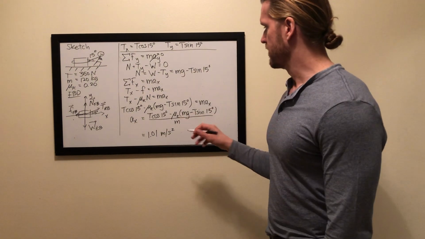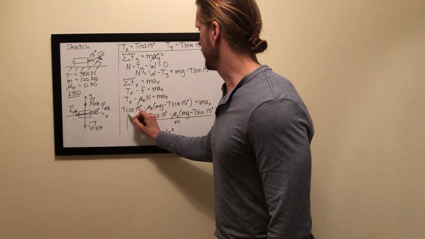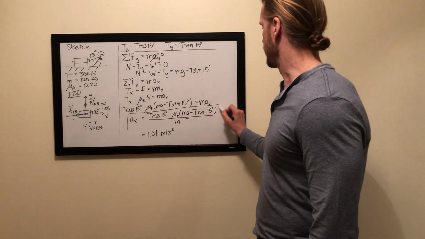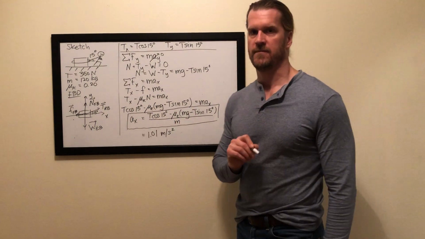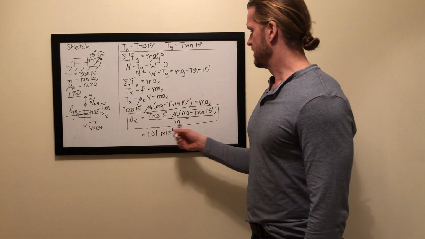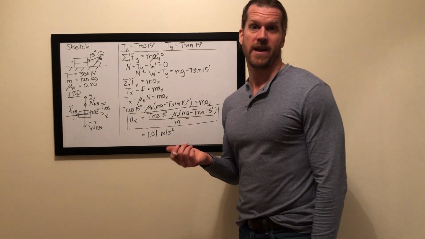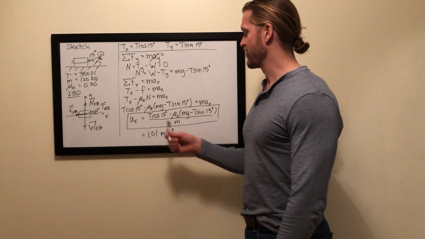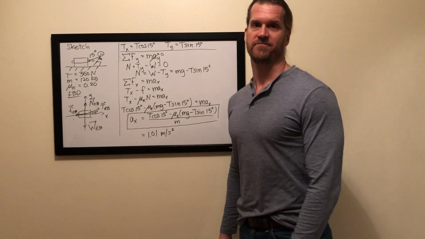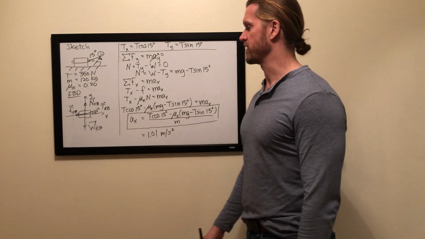Now I want to point something out about this final expression that we got. This might look kind of complicated. We're starting to get into more advanced problems where your final answer has a lot more variables in it. These expressions can be pretty long.